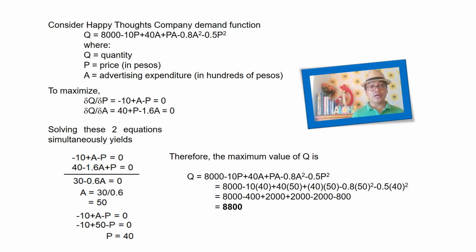Solving these two equations simultaneously yields a equals 50 and p equals 40. Therefore, the maximum value of Q is equal to 8,800 units.